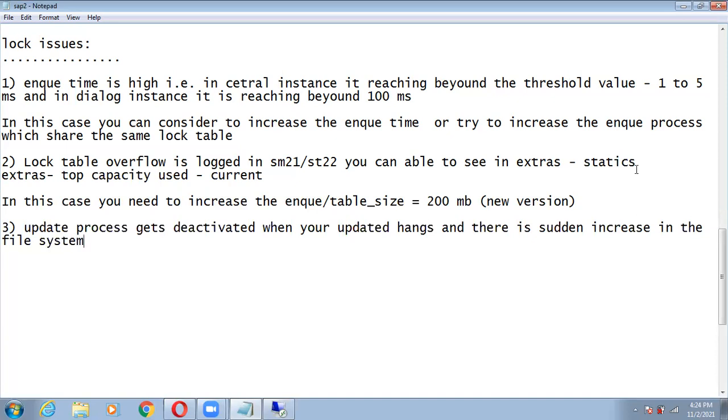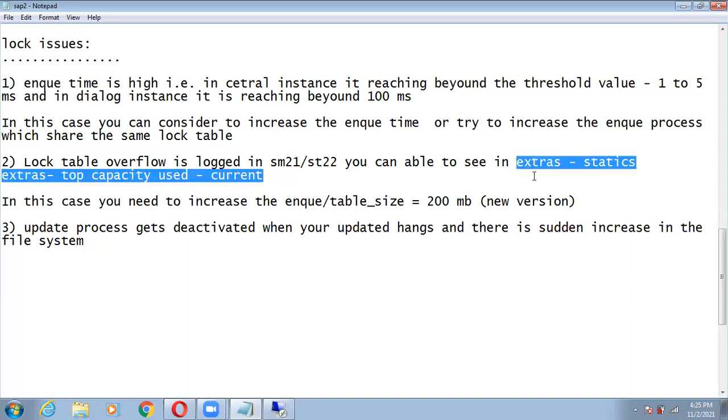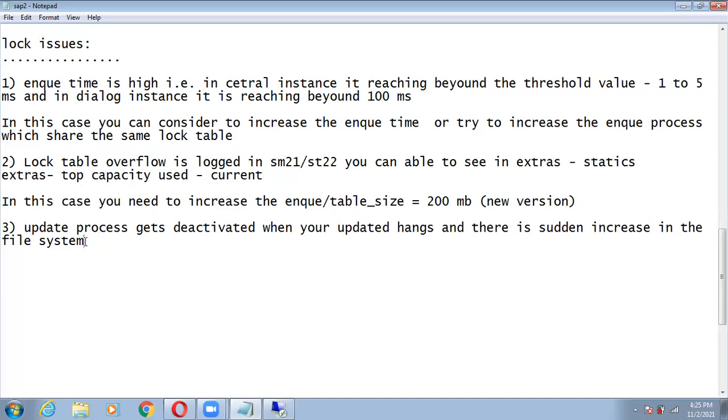So basically you can check these also. You need to check these statistics. Okay, one is this one and another is this one. So the same you can check in this situation.